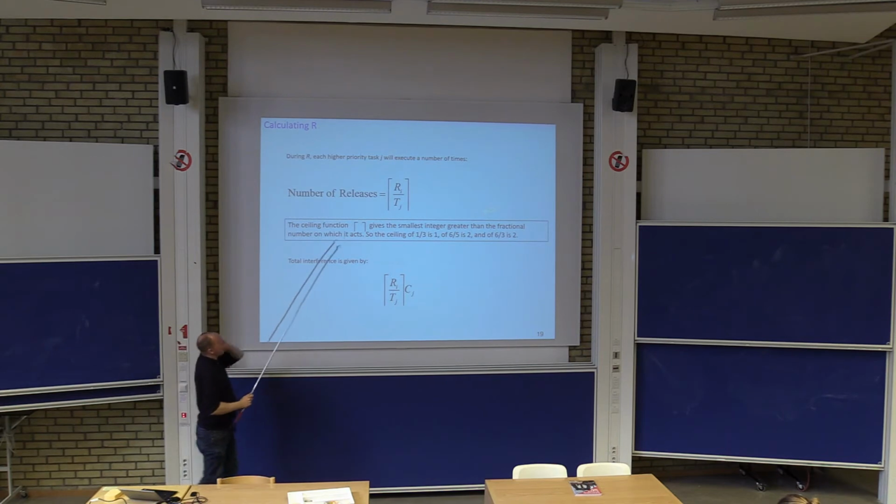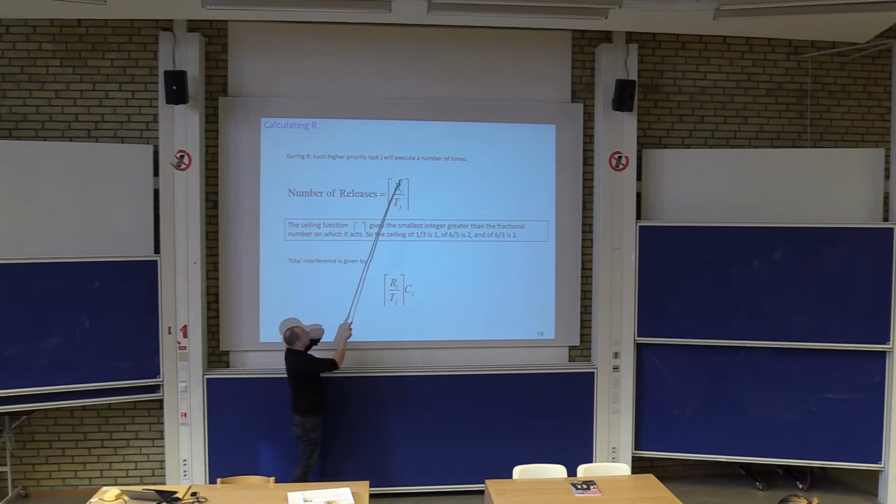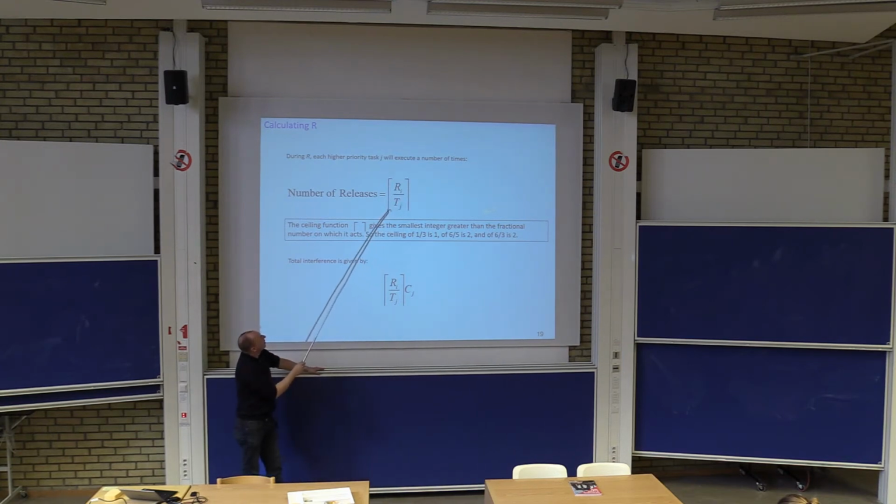So let's say we have computed the response time for task I. So now we have Ri. And then we know that the period for a higher priority task is Tj. In this case, if we look at the ratio here, this will be the number of times.